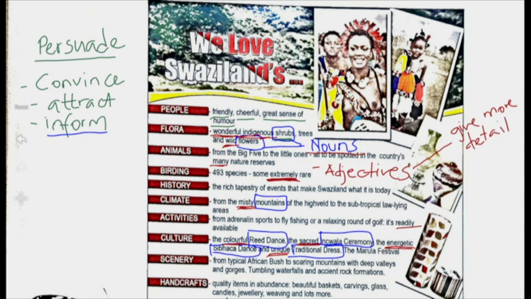And this detail is very important because the detail creates a sense of uniqueness.